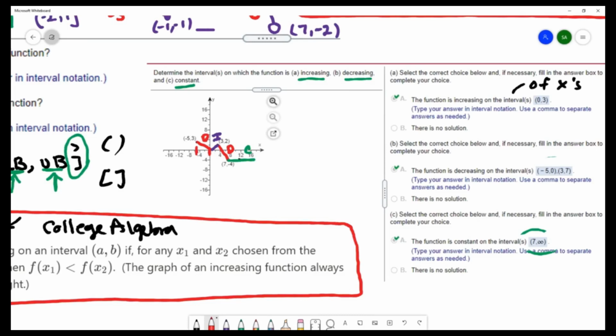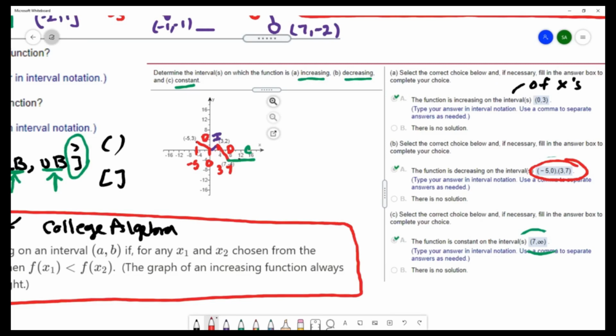So this first one that we see here goes from -5 to 0. And that's decreasing, but then we have another decreasing that starts at 3 and goes to 7. So that's what you see right here in the decreasing answer, -5 to 0, using parentheses, 3 to 7, using parentheses, and the answer separated by a comma.